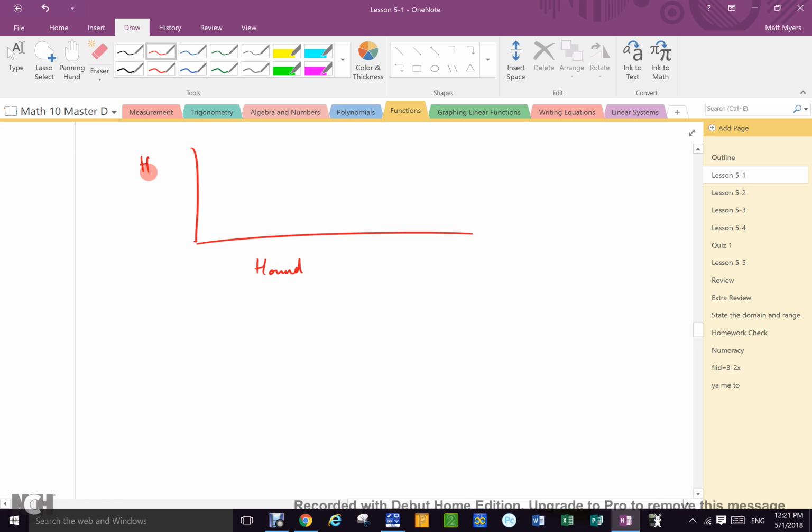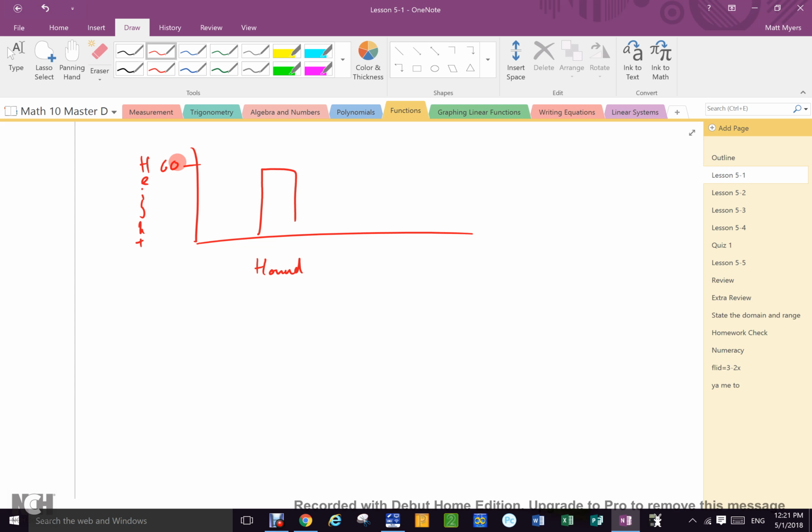We had height here. The hound was 60 centimeters, yes? The height depends on the type of dog I am speaking of, correct? If I asked you, what is the height of a Pomeranian? Could you do that with this graph? No, because you don't have a Pomeranian to give me a height for.